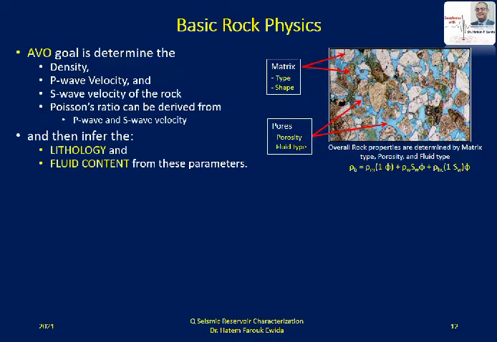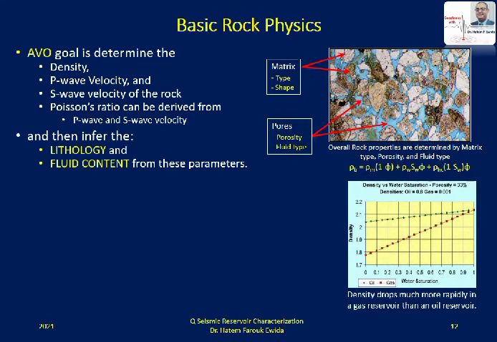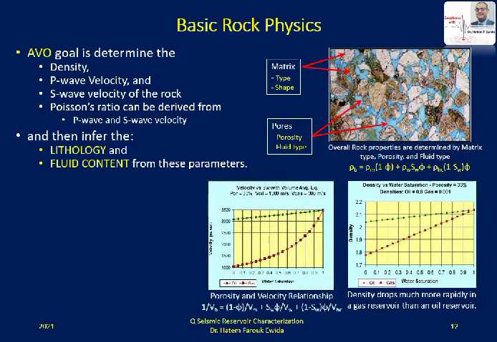And this comes from different physical relations, like water saturation against density, or the porosity plotted against the velocity relationship. I can identify where my lithology is and so on.